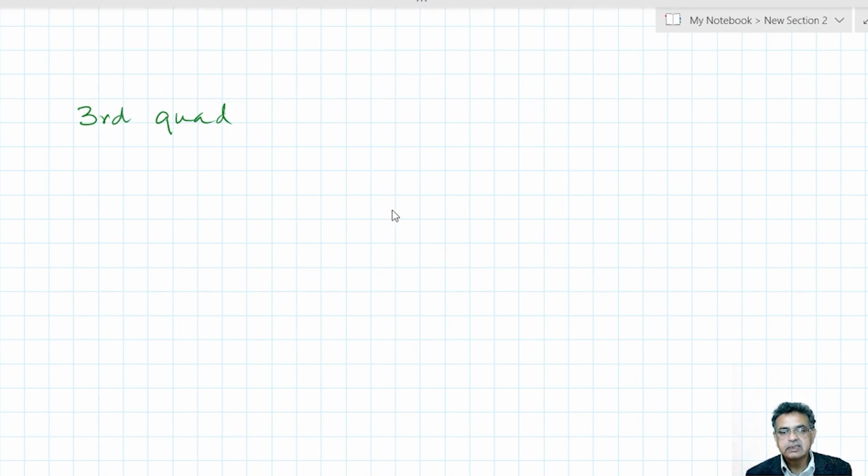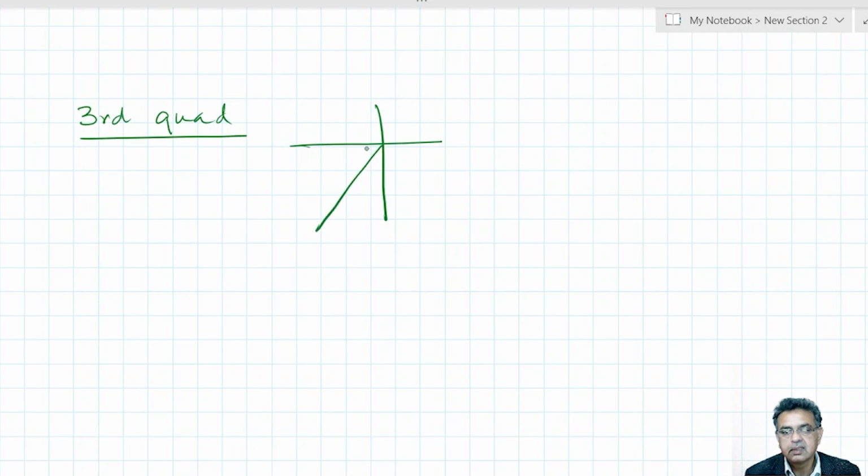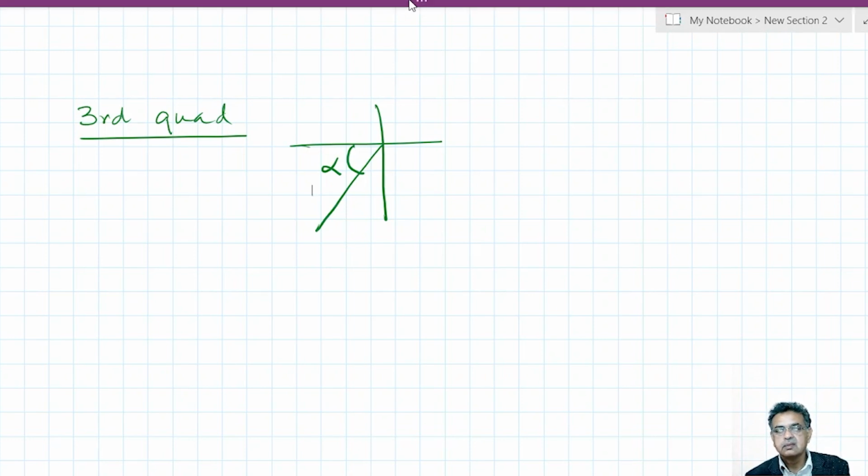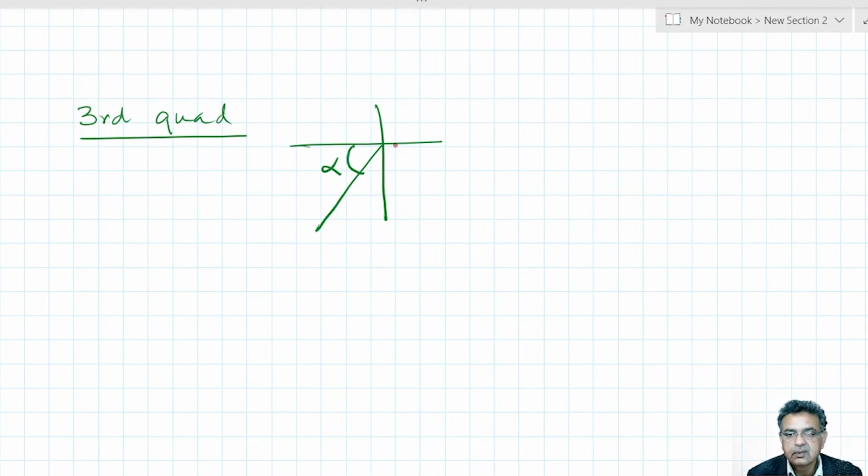Now in the third quadrant, the basic angle will be like here. In the third quadrant this is alpha, and what will be theta? Theta is now this much. Once again keep in mind that theta is the anti-clockwise angle from the positive x-axis.